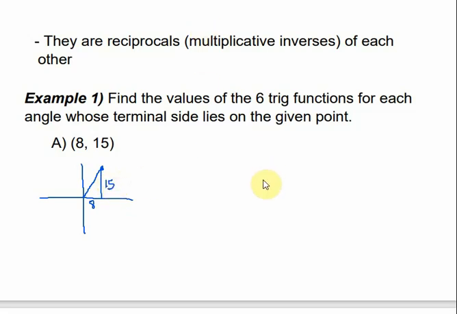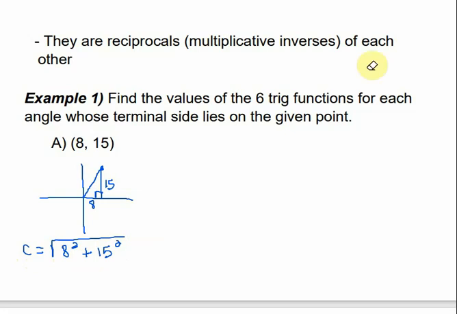But in order to find the 6 trig functions, we're going to have to find out what r is, which in this case is the hypotenuse of my triangle. So to find that, we're going to use the Pythagorean theorem. All right, so let's do the Pythagorean theorem. We're looking for c, and c would be equal to the square root of 8 squared plus 15 squared.